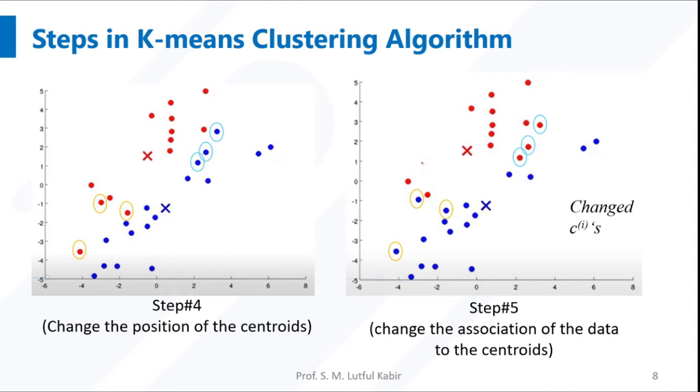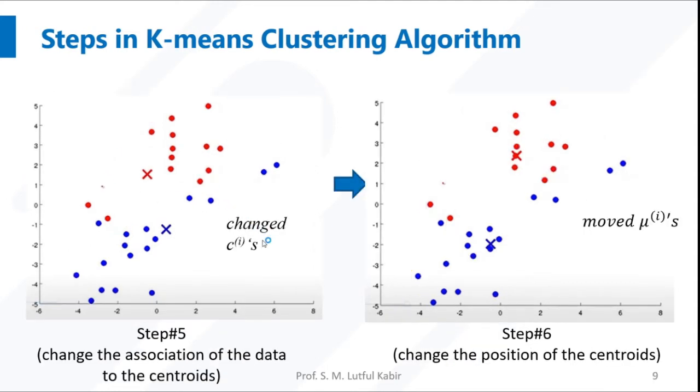As soon as you change the location of the centroid, you have to also change the association of the data points to the centroids. Now let us see the next step, which would be movement of the centroid. Because the association has changed, the mean position of the centroid will also change. That's why you have to take a new mean.